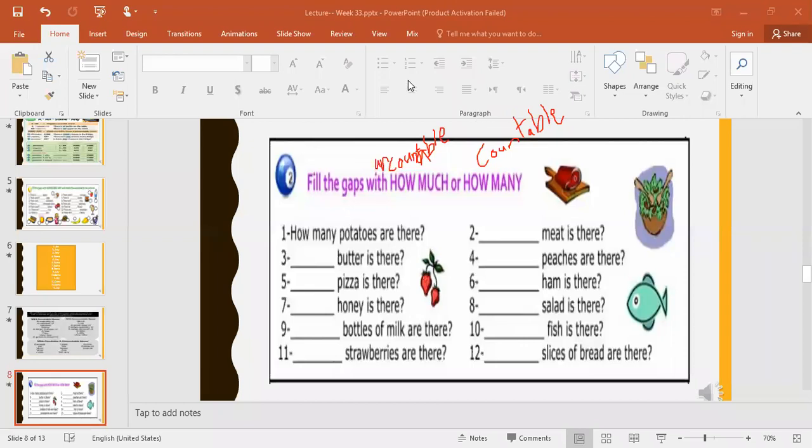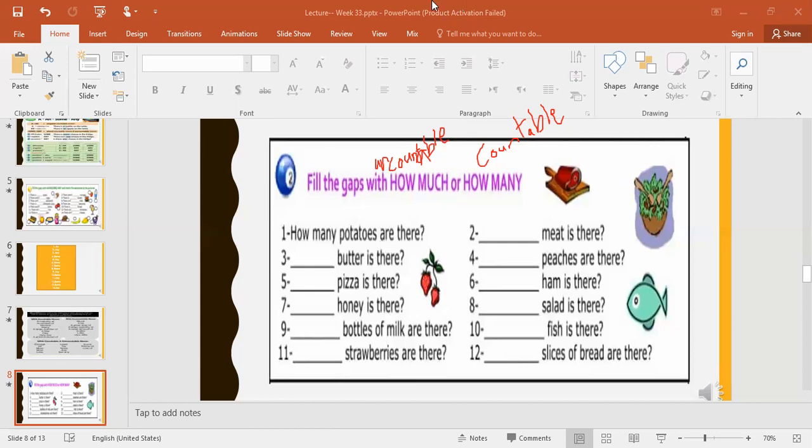Number 11. Who will do number 11? Come on, Ahmad. How many strawberries are there? How much, Ahmad, strawberries?